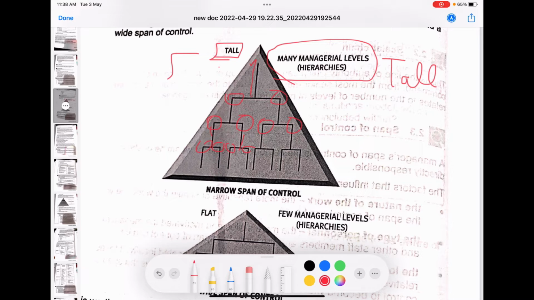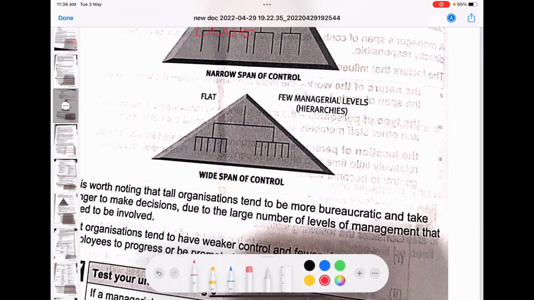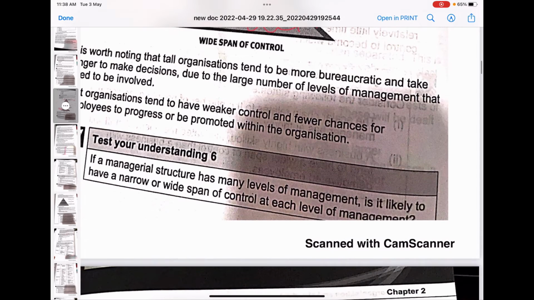So since the scalar chain is tall, the span of control is narrow because fewer people are under the control of one person. What happens in a flat organization? The scalar chain is not tall, the scalar chain is short, but the span of control is wide. Why? Because see, one person is responsible for this many people. I hope that's clear.